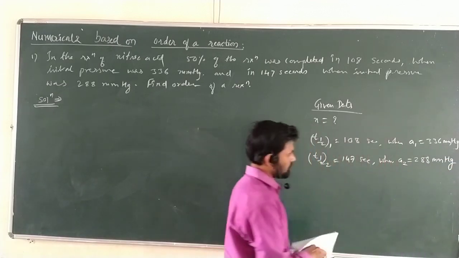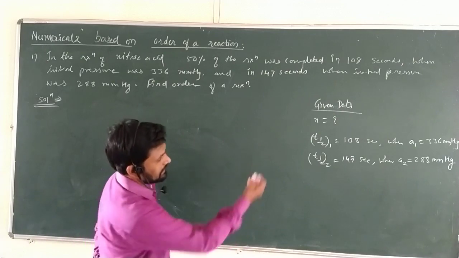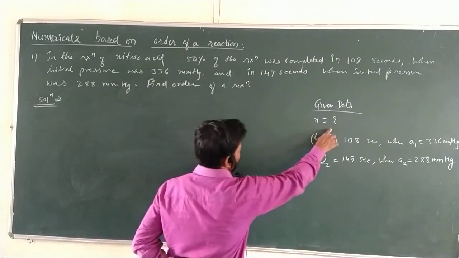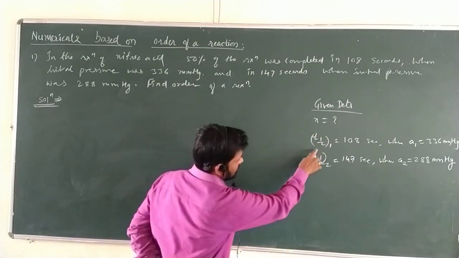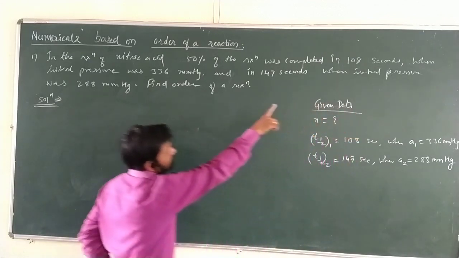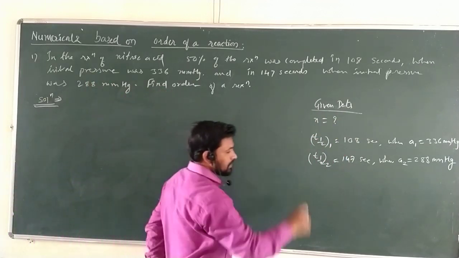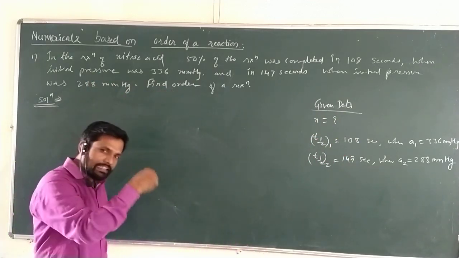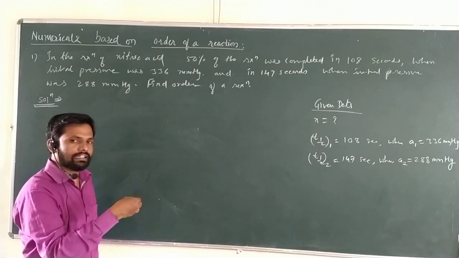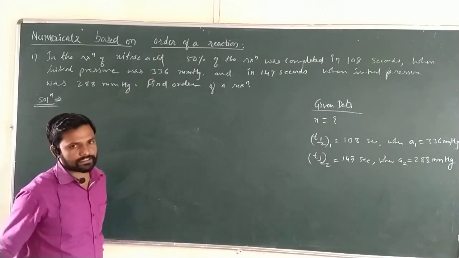See, this is the given data, very simple. n we have to find out, with two different half-lives. T half of 1 is 108 seconds, when initial pressure was 336.